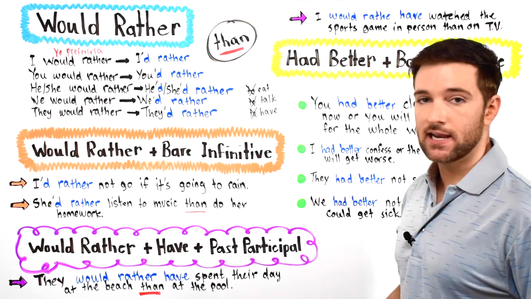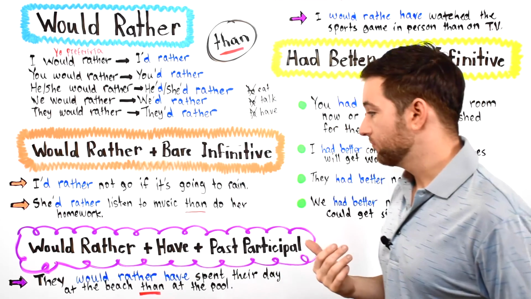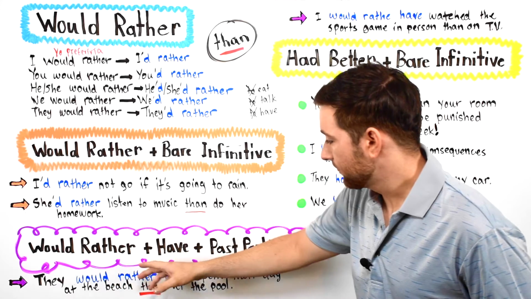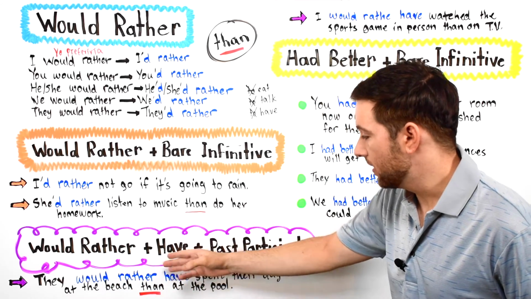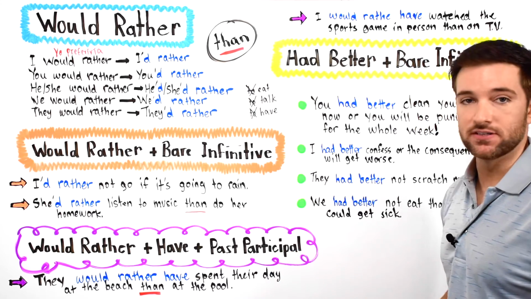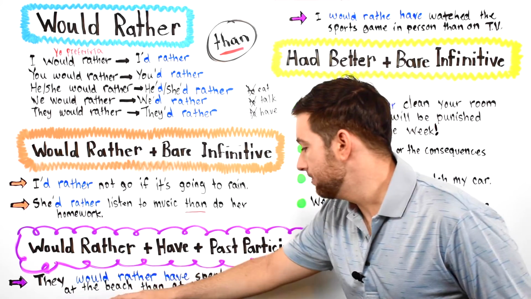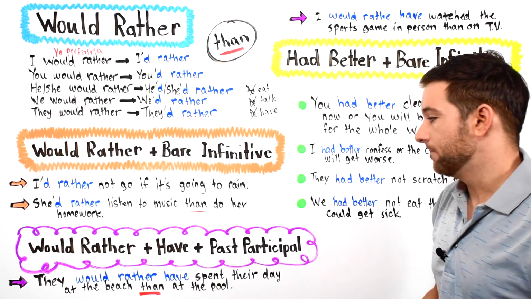Okay? Cuando queremos expresar una preferencia sobre el pasado, usamos would rather y luego el verbo to have, okay, the bare infinitive have, and then the past participle. Okay, so they would rather have spent their day at the beach than at the pool.